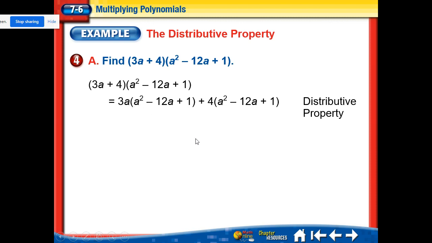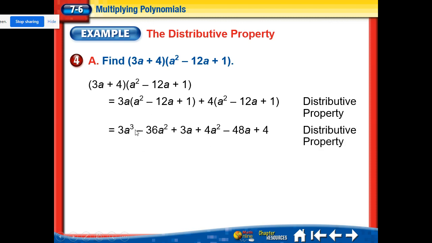And then you have to do each of these parts. 3a times a squared, negative 12a squared, negative 3a cubed minus 36a squared plus 3a. And then over here is 4a squared minus 48a plus 4. Then we have to add any like terms. We have some like terms here. Negative 36 and 4 is negative 32. 3a and negative 48 is negative 45.